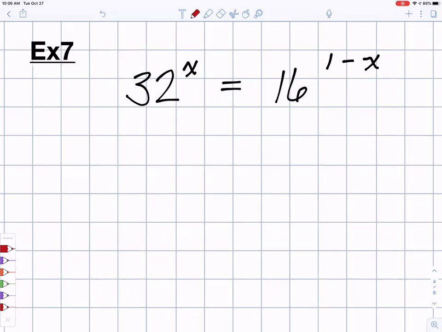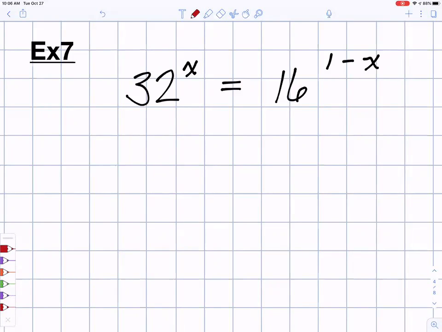So 2 to the 5x equals 2 to the 4 minus 4x. So we could do the base times the power to the power, so 2 to the 5x is equal to 2 to the 4th minus 4x.